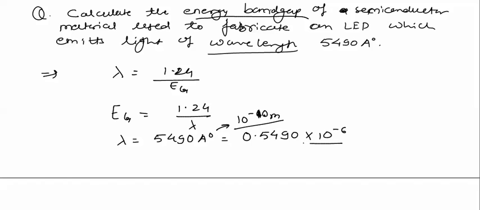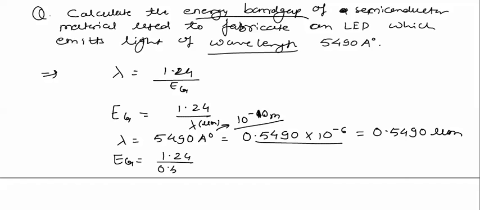So converting, we can write it as 0.5490 micrometers, which is required to be substituted in this equation. Lambda will be in micrometers. So forbidden energy band gap Eg will be equal to 1.24 upon 0.5490, and the forbidden energy band gap will be 2.26 electron volts.